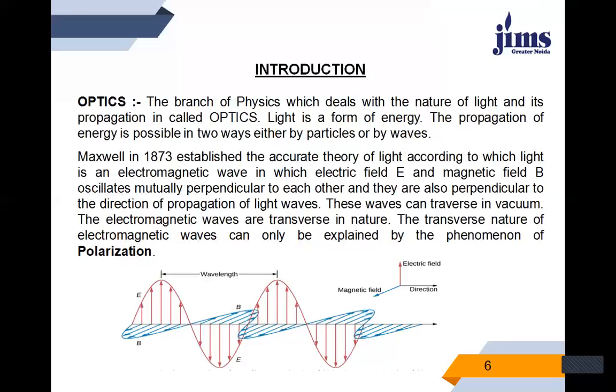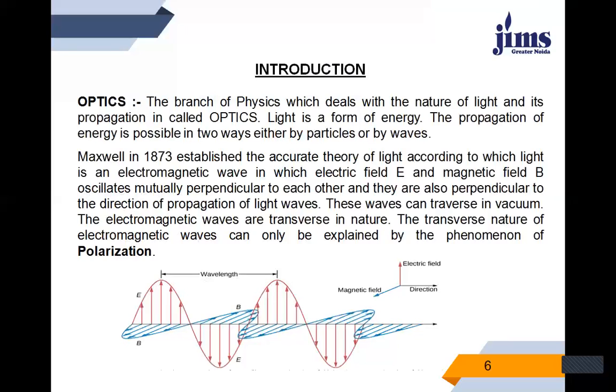Maxwell, in 1873, was the scientist who established the accurate theory of light, according to which light is an electromagnetic wave in which there are two vectors, electric field vector and magnetic field vector.